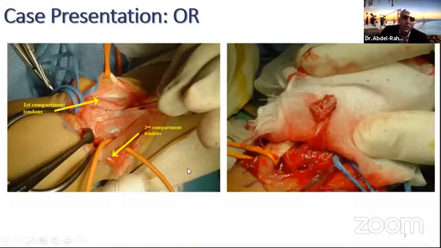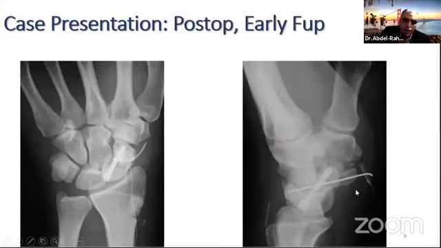Then we went dorsally using the 1-2 intercompartmental supraretinacular artery graft. This is the primary dissection, and then freeing the flap and moving it to the fracture site. And then we fixed it using a headless HERBERT screw from proximal to distal.